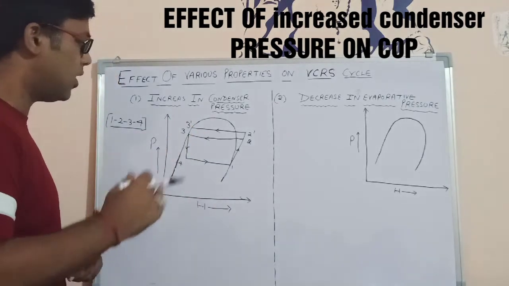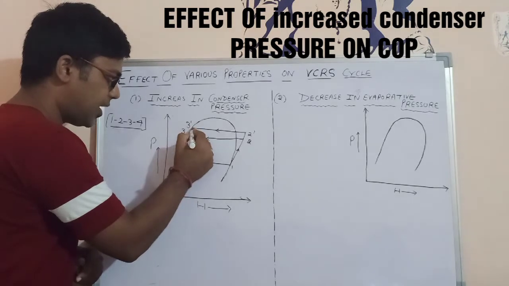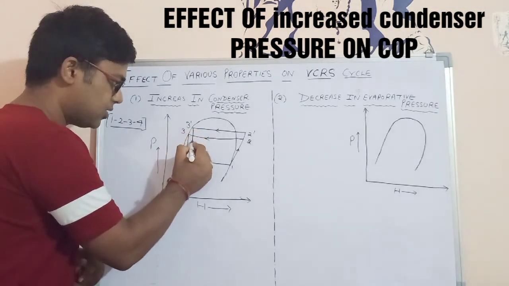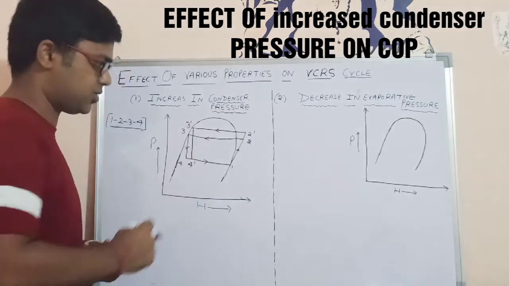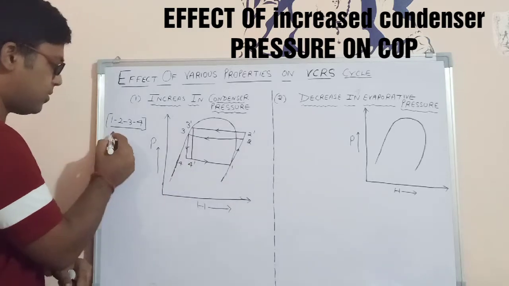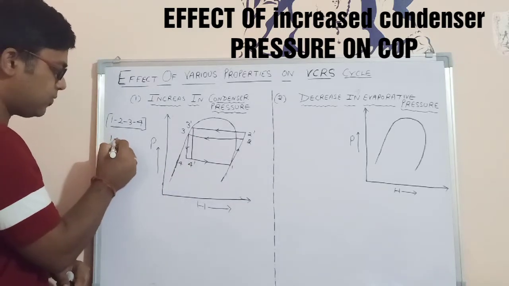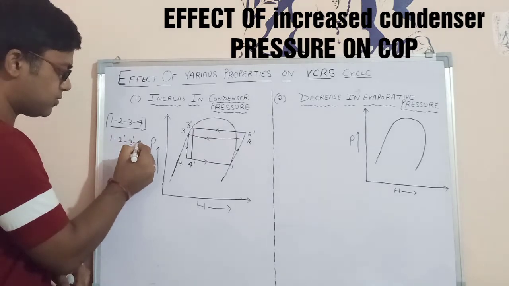And the last one, the isenthalpic expansion process, is from 3 dash like this up to point 4 dash. This is a new VCRS cycle, so we can say it is 1 to 2 dash to 3 dash to 4 dash.